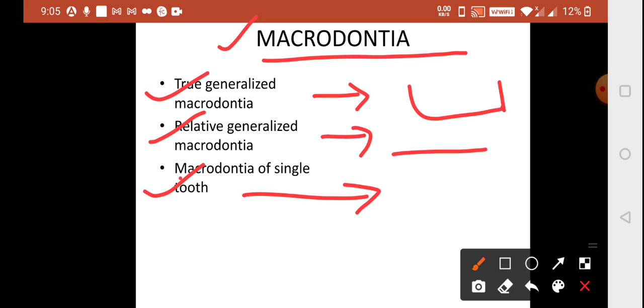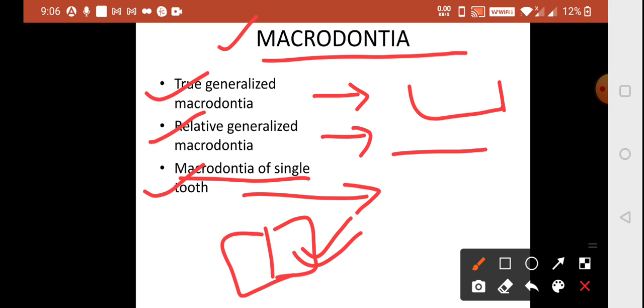If it is found, it is in hemihypertrophy of the face, where one side of the face is having hypertrophy, and you will see that one side of the face will have bigger teeth, or even one tooth may be bigger.